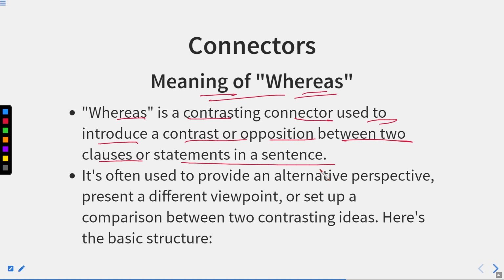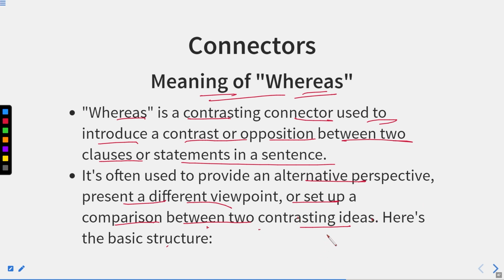It is often used to provide an alternative perspective, present a different viewpoint, or set up a comparison between two contrasting ideas.